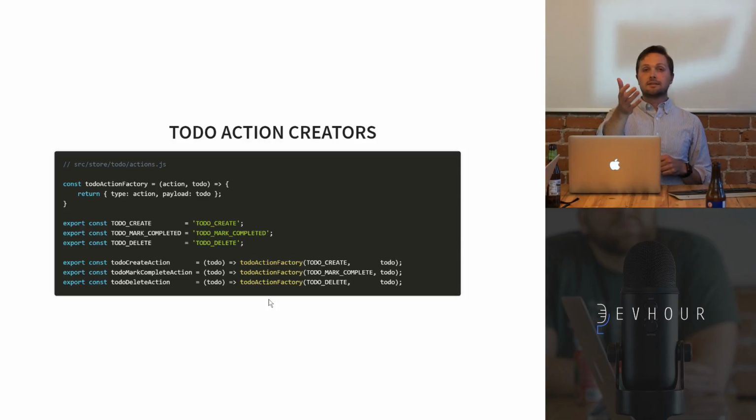In our instance, all of our actions are fairly simple. They're going to take our action type, which is the strings that we're defining, and they're going to take a to-do object. And the rest is going to be handled by the reducer. These are essentially just dispatches that we're going to use. They're responsible for just firing off the action.